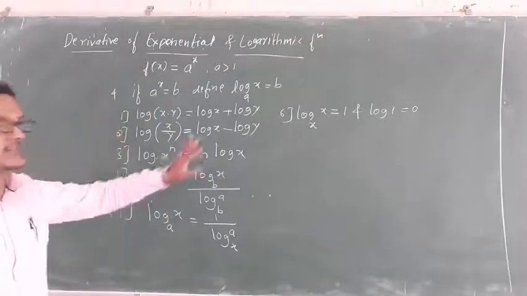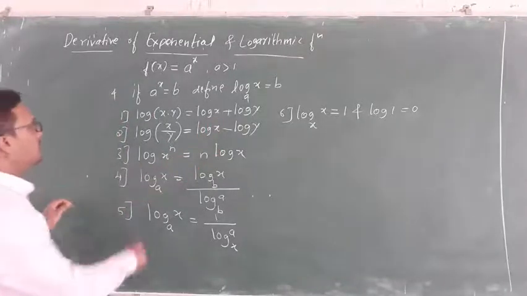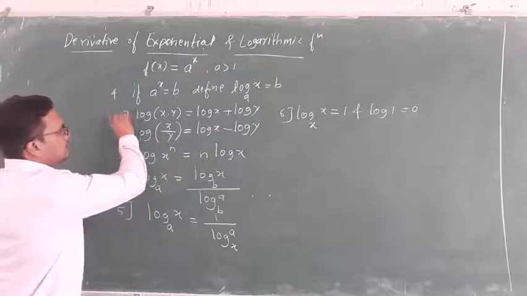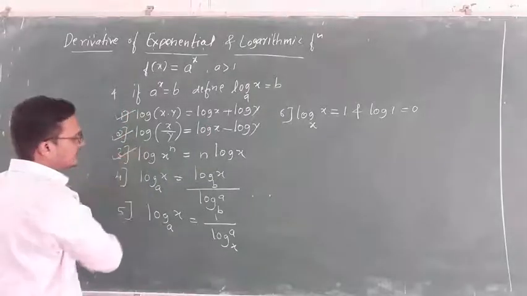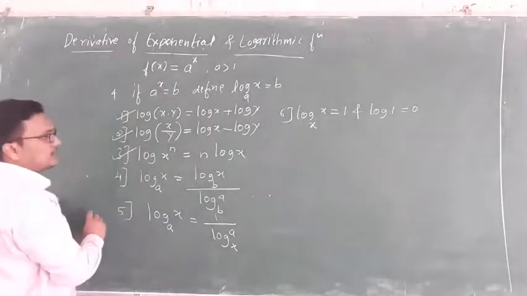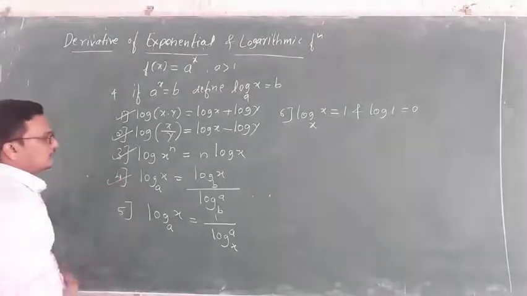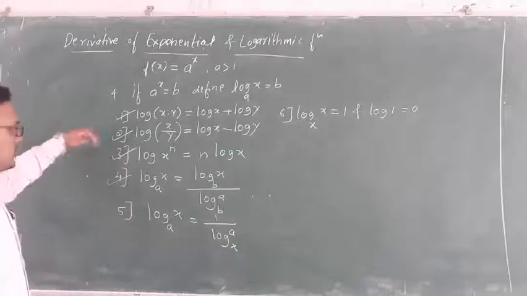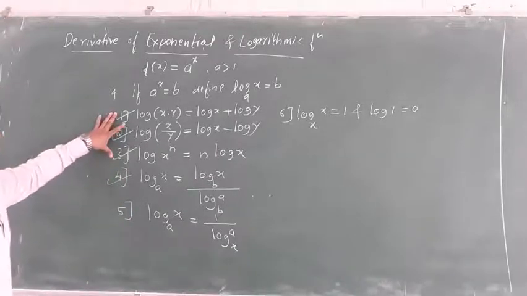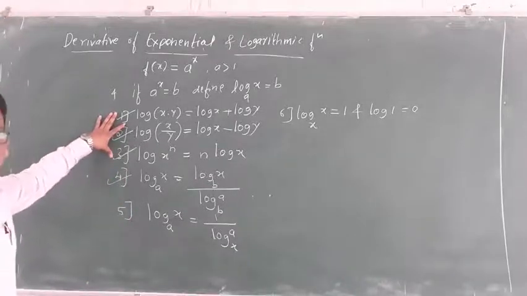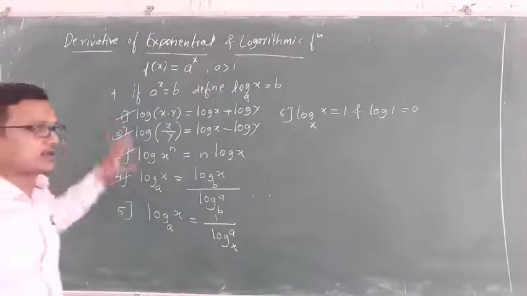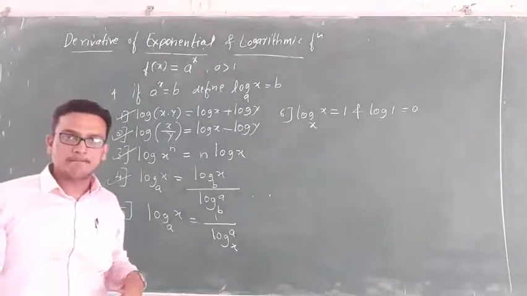So you have to remember these properties. Most probably useful properties are the first one, second one, third one, and I think this fourth one. These first three are very useful while simplifying the examples by logarithmic method.